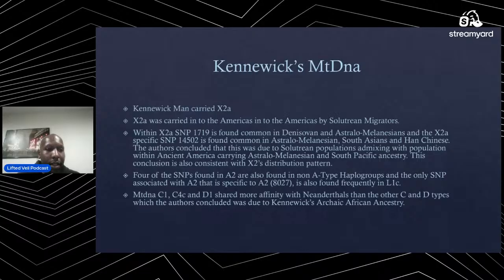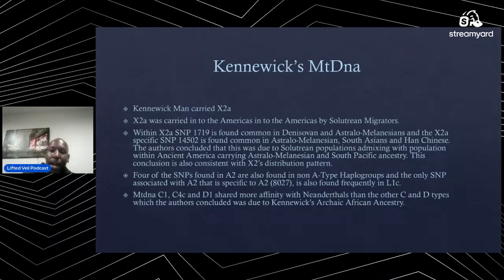Within X2a, the SNP 1719 is found commonly in Denisovans and Australo-Melanesians, and the X2a-specific SNP 14502 is found commonly in Australo-Melanesians, South Asians, and Han Chinese. The authors concluded that this was due to Solutrean populations admixing with populations within ancient America carrying Australo-Melanesian and South Pacific ancestry. This conclusion is also consistent with X2's distribution pattern.